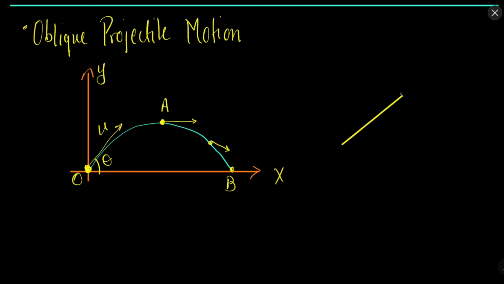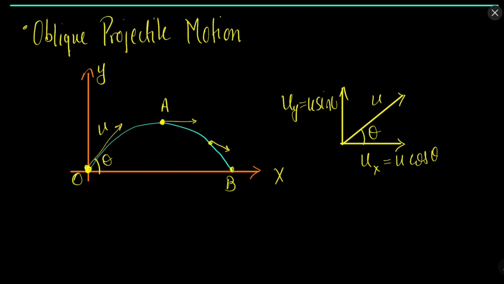So let's first describe the velocity. We know that we can have two components of velocity, one the x component and one the y component. The x component will be equal to u cos theta and the y component will be equal to u sin theta. Hopefully you remember this. How? Let's say this is ux and this is uy.